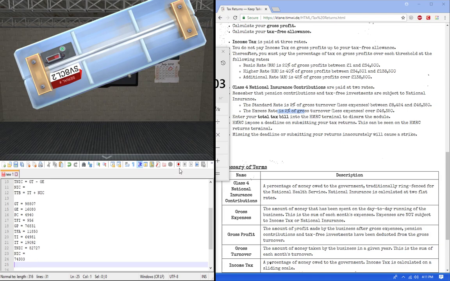Then we're going to take our 46,350 threshold, subtract that by our 8,424. This is going to leave us with 37,926.